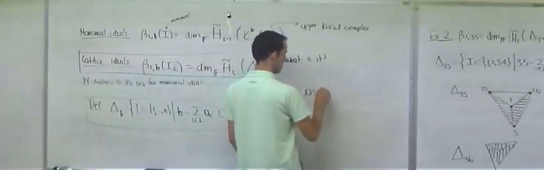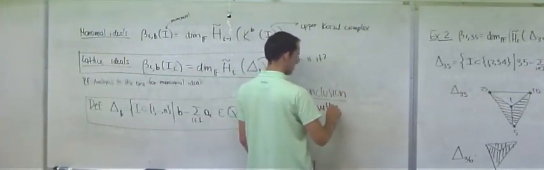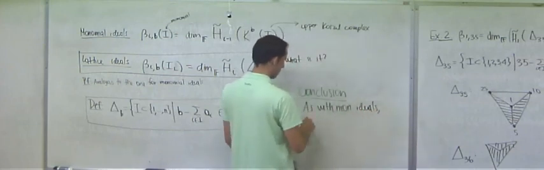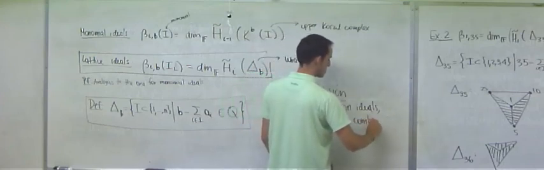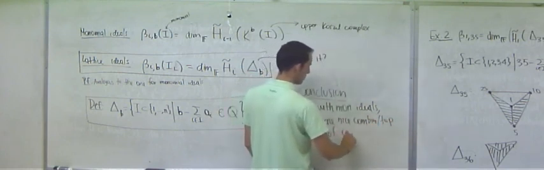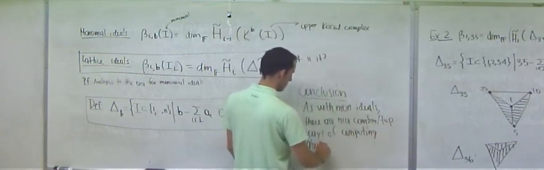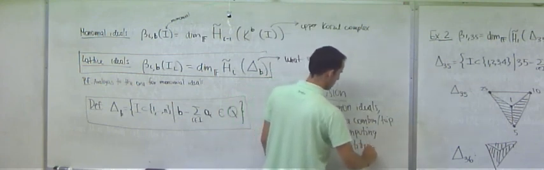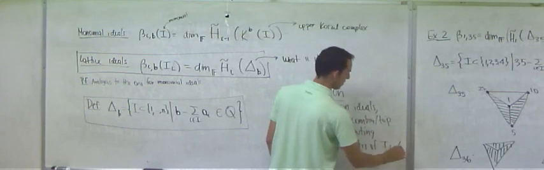But the conclusion is that, as with monomial ideals, there are nice combinatorial topological ways of computing the algebraic invariants, the algebraic quantities of your semigroup, or either the ideal or the semigroup or whatever you want.